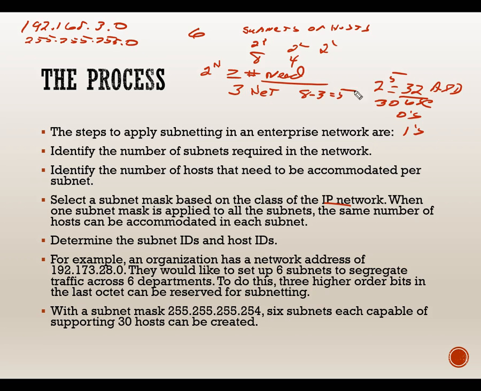32 addresses, so we always start with 0. Since we have 32 addresses per subnet, we just put in 0, 32.